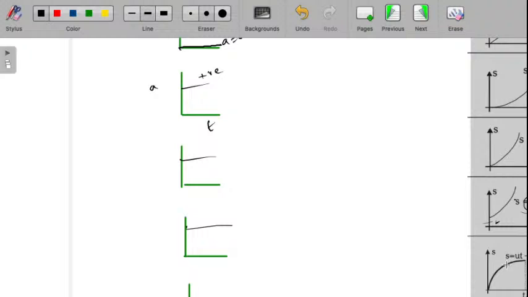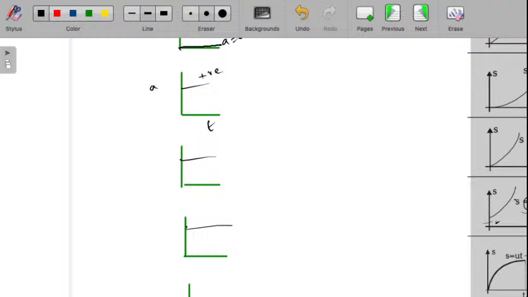Now here you see S equals ut minus half a t square. Here you notice that suddenly it has changed to a concave down or a convex upwards graph. So here the A versus T should be negative. The A versus T will be a negative graph. Similarly, the last part here is once again a convex upwards or a concave down graph.